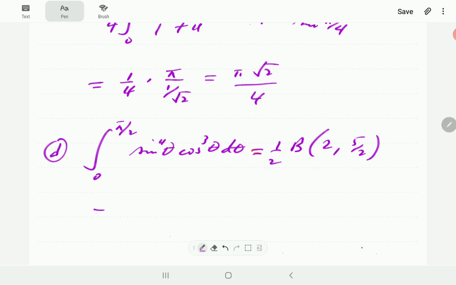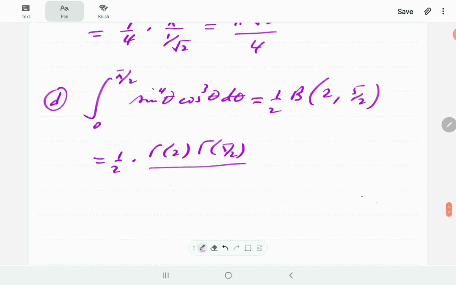So then this is simply 1/2 times gamma function of 2 times gamma function of 5 on 2. In the denominator we're going to have gamma function of 9 on 2.